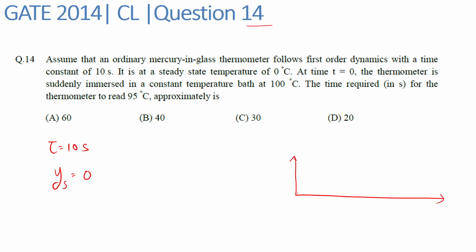So if earlier the time was, let's say, 0, and the temperature over here is 0, at time t equal to 0 we are immersing the thermometer in a temperature bath of 100 degrees Celsius.